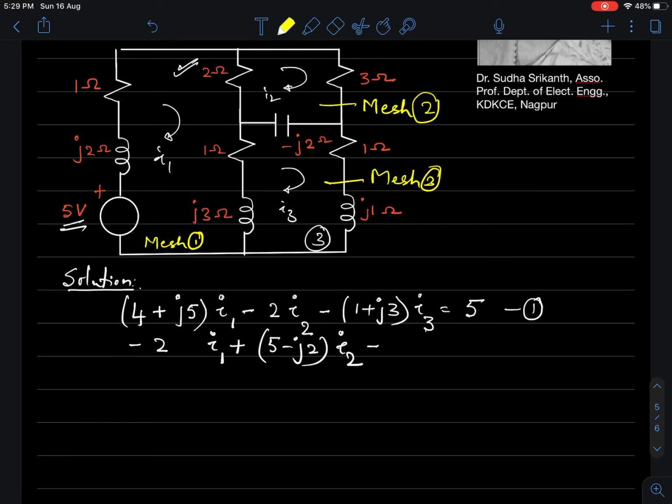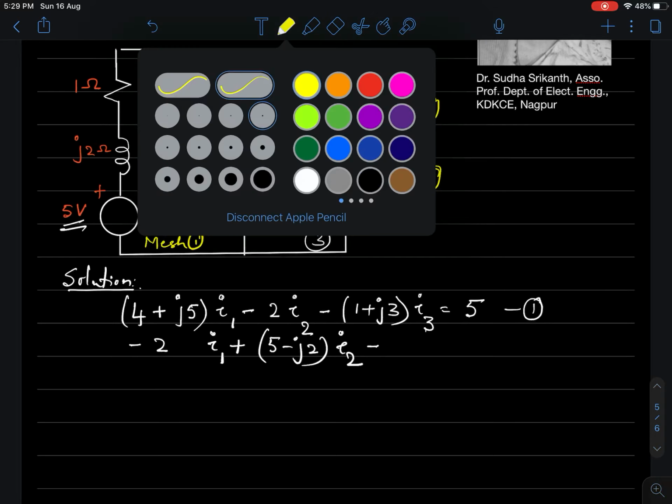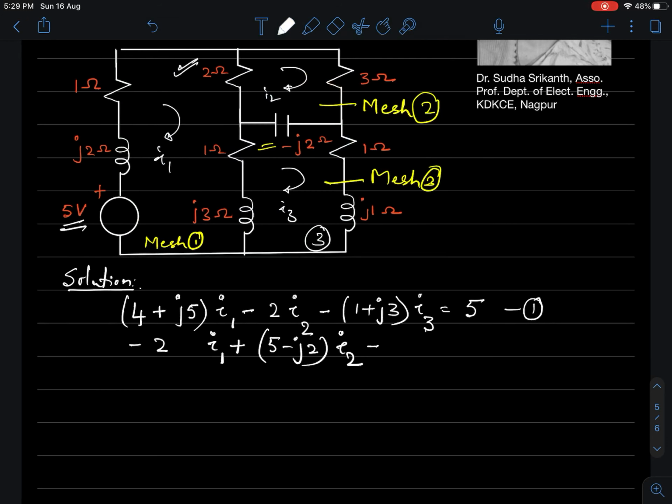It is this particular element that is common between mesh 2 and mesh 3, minus J2. The impedance itself is minus J2, so I take it as minus J2 into I3. And the right side is 0, there is no source. So this is my second equation.